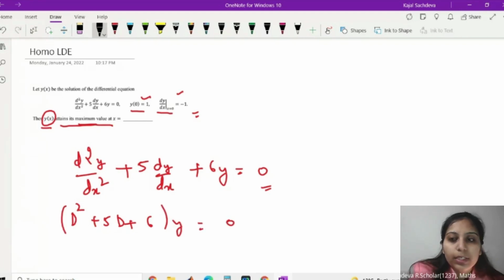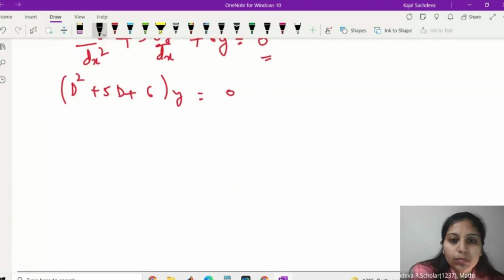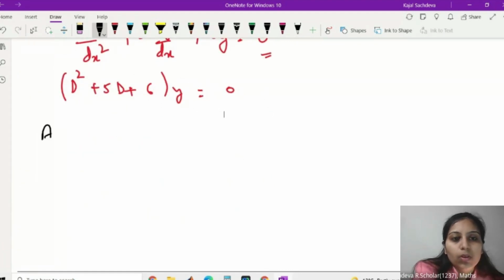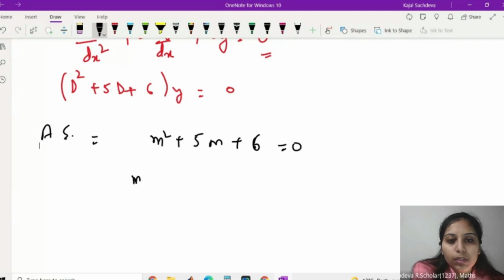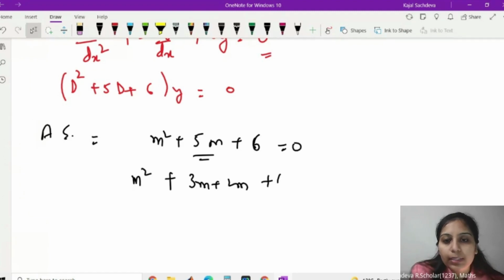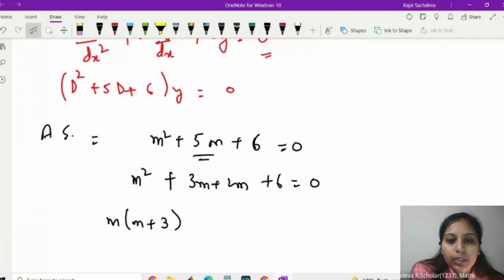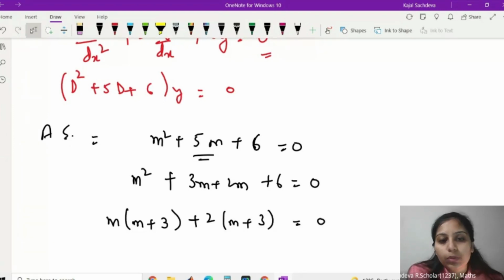So from here we can write the auxiliary equation as m square plus 5m plus 6 is equal to 0, which can be factorized further: 3m plus 2m. Its sum is 5 and product is 6. So taking m common, m(m plus 3) plus 2(m plus 3) is equal to 0.